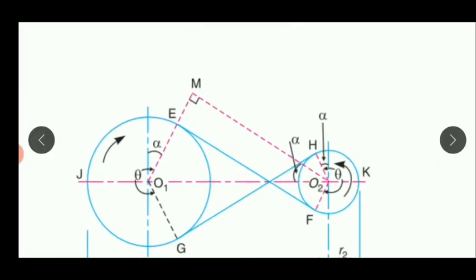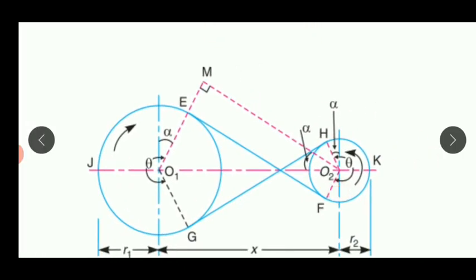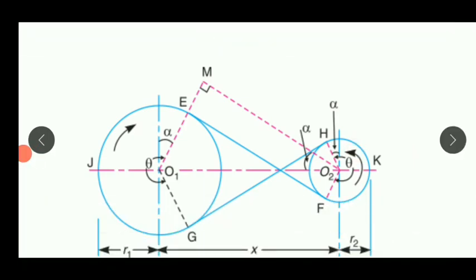Similarly, you can get the same alpha over here between FO to H, and there is completely the angle of lap over here. This is the vertical line, so the angle made with respect to the vertical line is alpha.